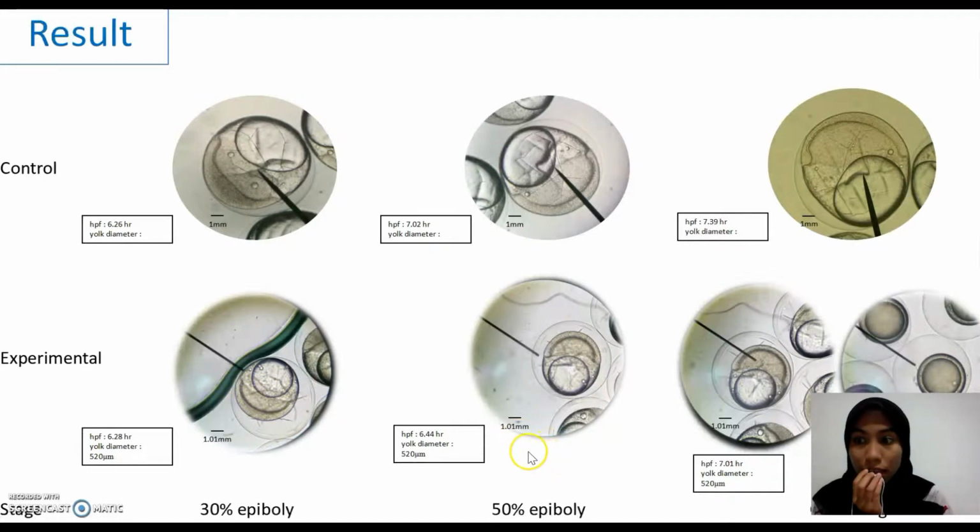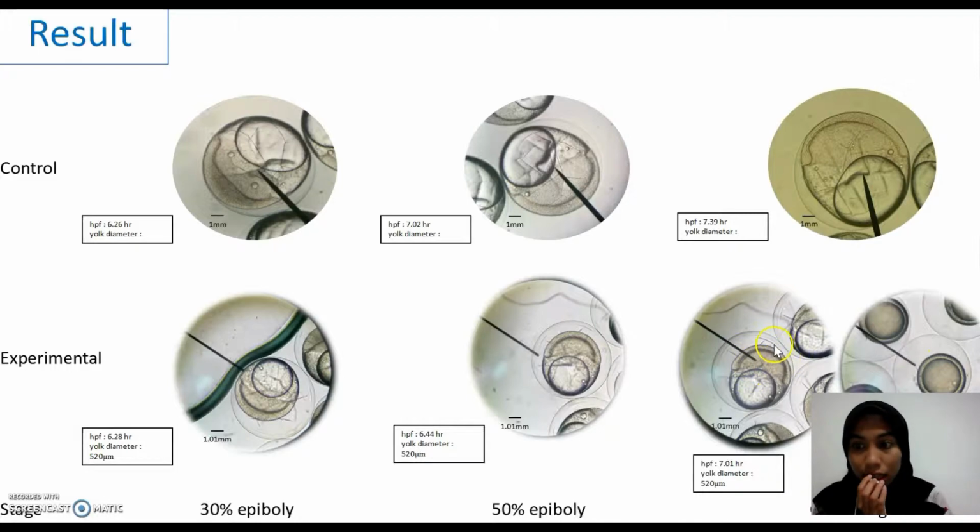Gastrula period, which is the 50% epiboly, you can see that the blastoderm remains uniform in thickness here. Moving on to the germ ring, from the upper view you can see that it forms a ring.